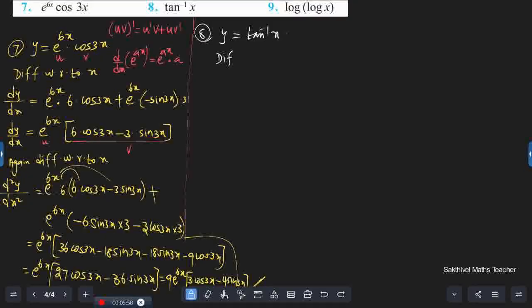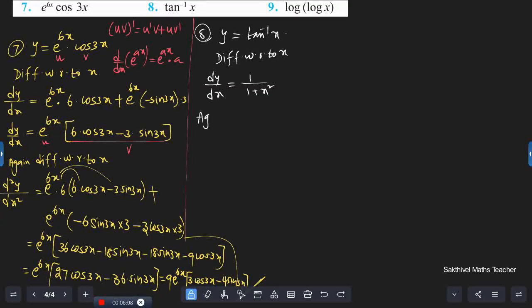Differentiating with respect to x, dy divided by dx, we know the tan inverse formula: 1 divided by 1 plus x square. The derivative of tan inverse x is 1 divided by 1 plus x square.